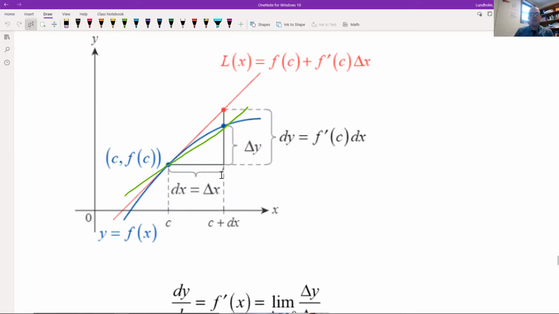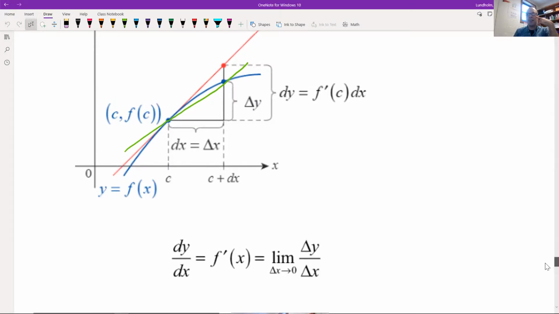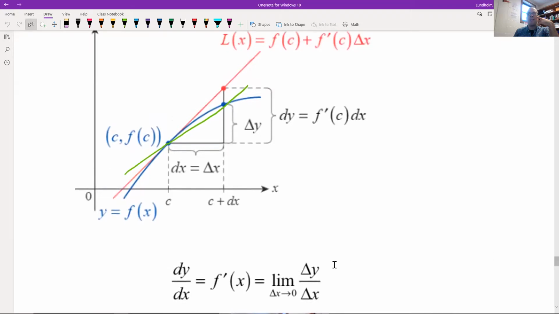And the stuff that we've looked at before, the derivative gives us a relationship between all of these things, that the limit of the ratio of secant lines, the slope of secant lines, approaches the slope of the tangent line as delta x goes to 0.